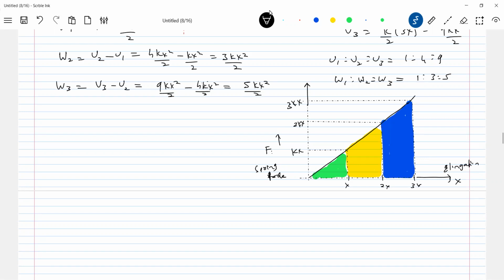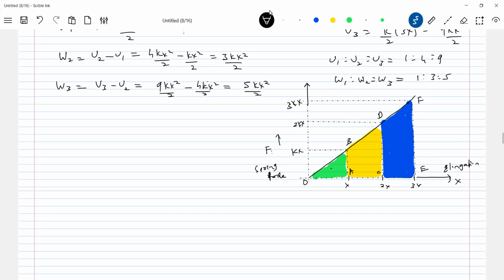Elongation. What is W1? This is W1, no? O, A, B, C, D, E, F. What is W1? Area of this F-x graph will be work done.